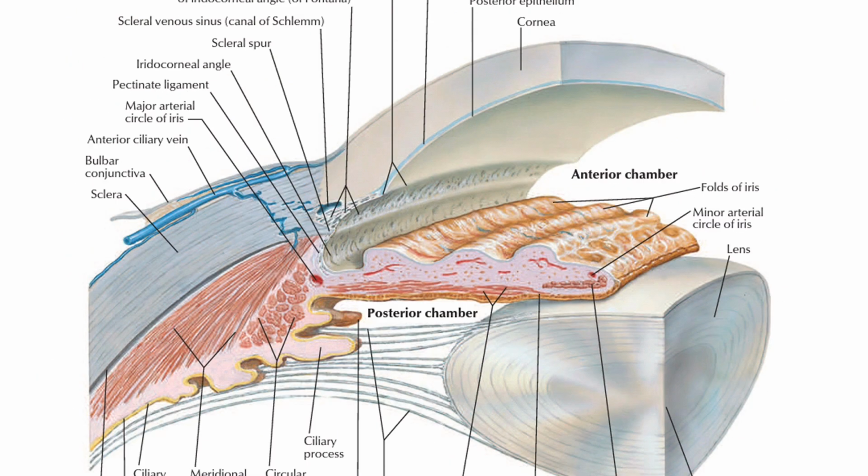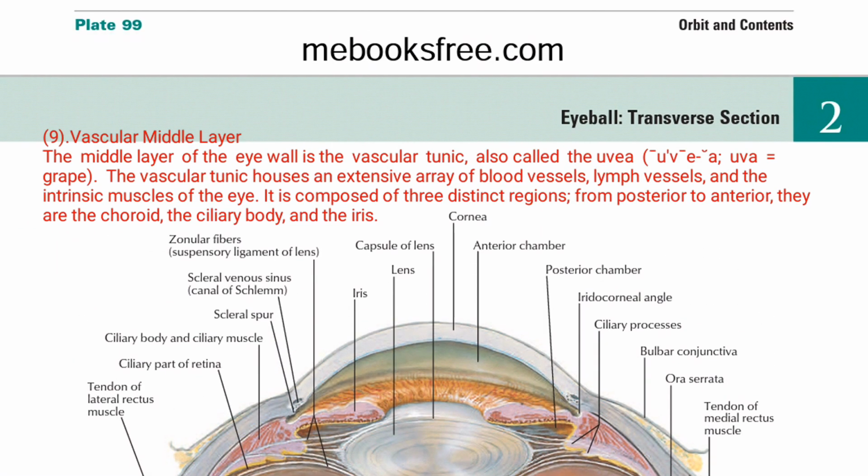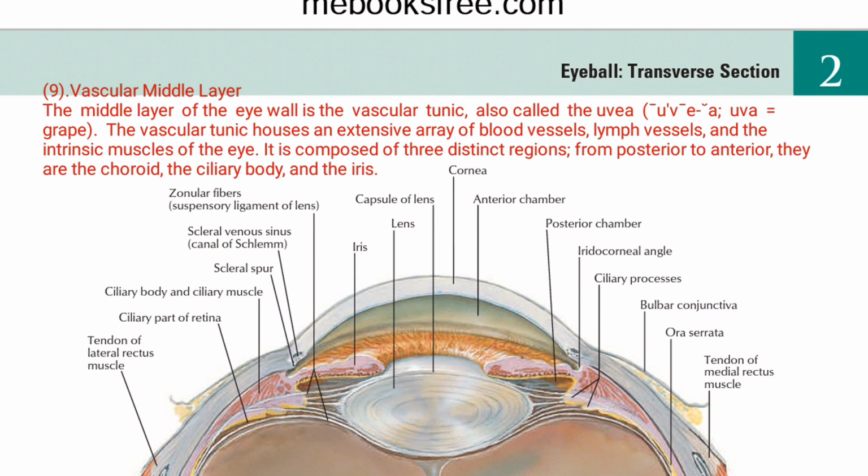So the vascular tunic has three regions: choroid, ciliary body, and the iris.